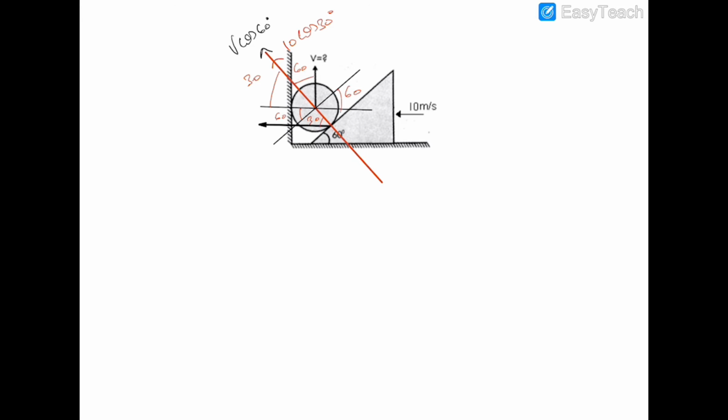So we need to equate these components, applying the third step: V cos 60 is equal to 10 cos 30. So V cos 60 is 1 by 2 and 10 cos 30 is root 3 by 2. So V will be 10 root 3.